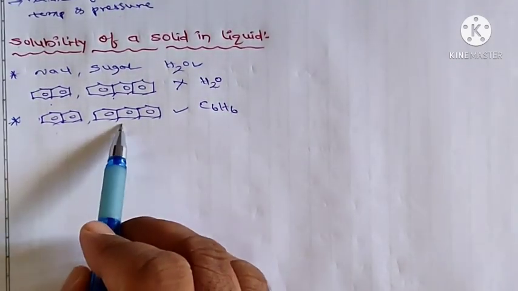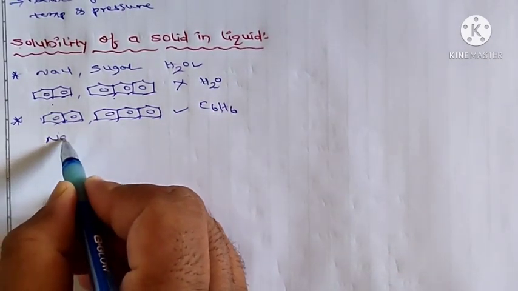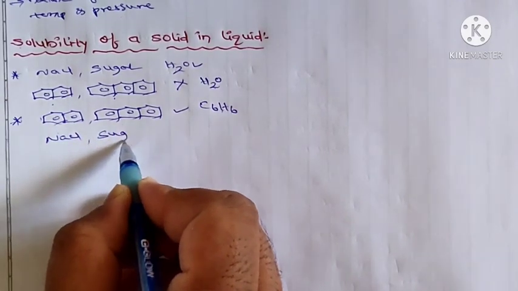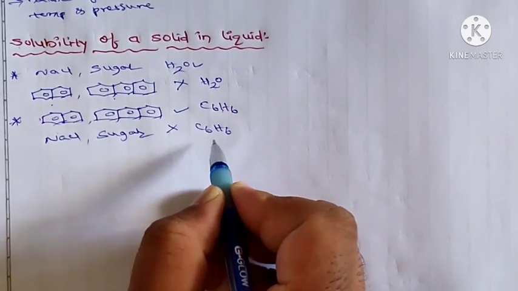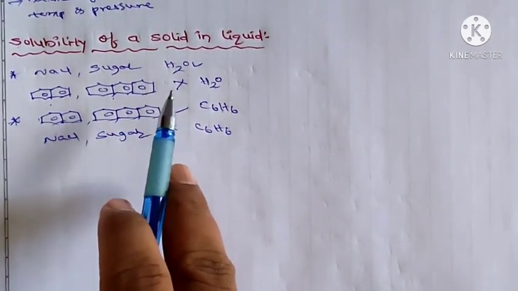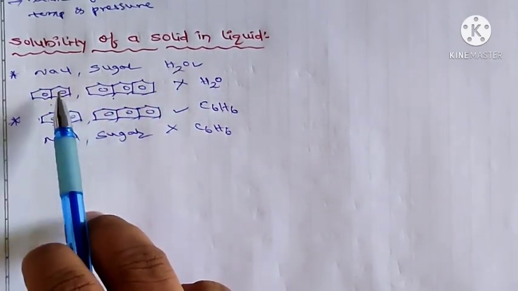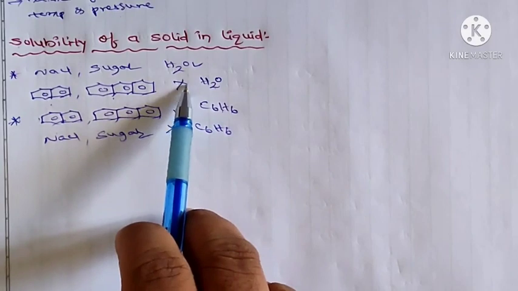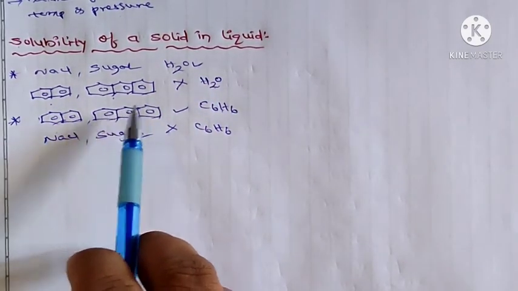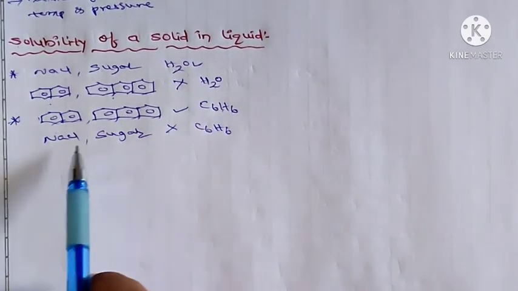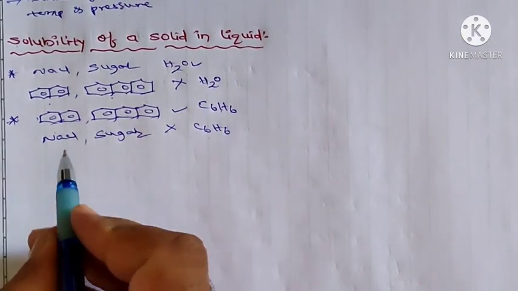Naphthalene and anthracene are dissolved in benzene, but NaCl and sugar are not dissolved in benzene. So every solid does not dissolve in every liquid. NaCl and sugar dissolve in water, but naphthalene and anthracene do not dissolve in water. But naphthalene and anthracene are dissolved in benzene, but NaCl and sugar are not dissolved in benzene.